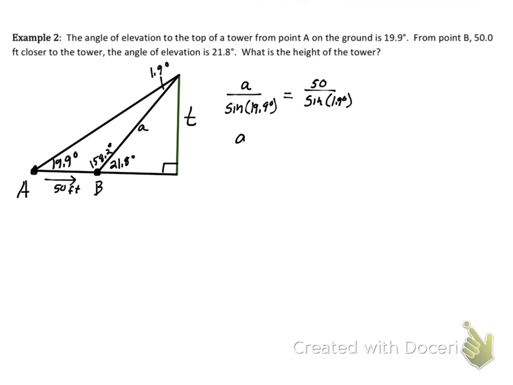So A equals sine of 19.9 degrees times 50 over sine of 1.9 degrees.